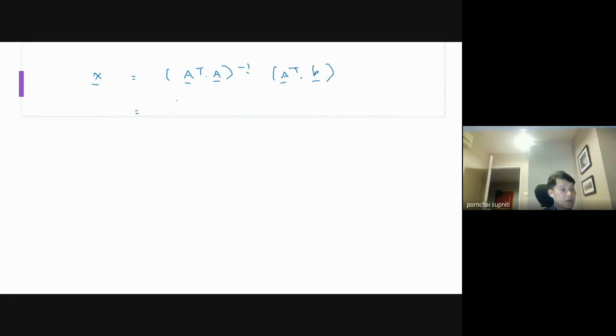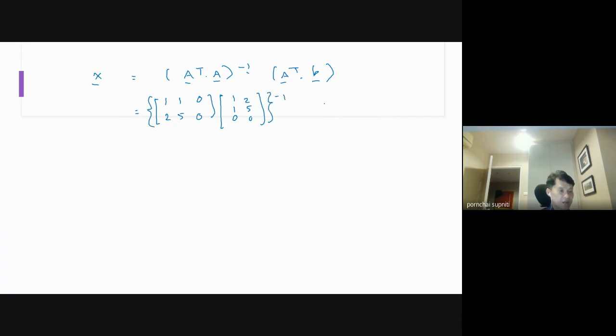A transpose is just a change from the row vectors to column vectors, right? So we have 1, 1, 0, 2, 5, 0, and multiply with matrix A, which is 1, 1, 0, 2, 5, 0. And then we take the inverse.